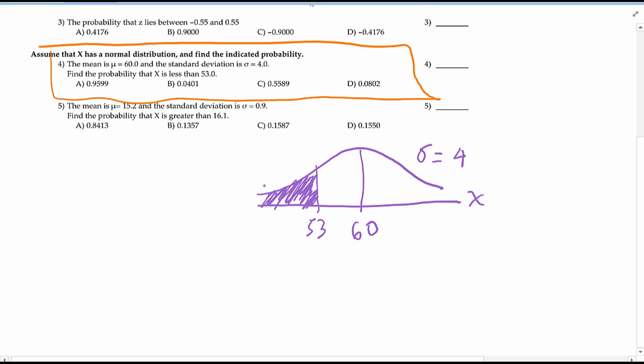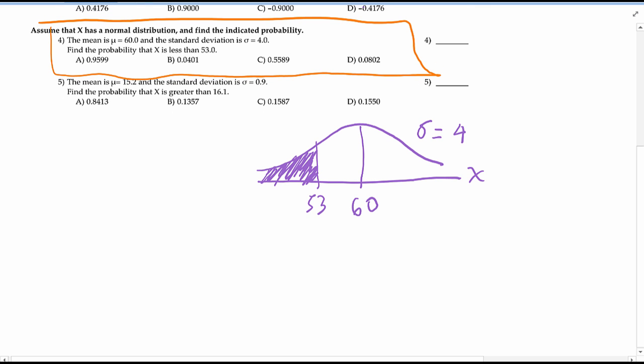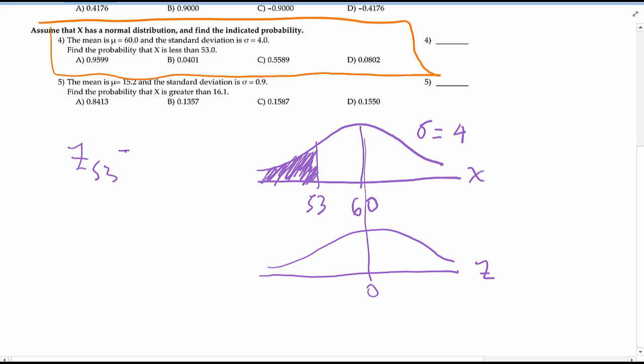Now how do we find that area? Well, we have to standardize the graph. We do that by finding the z-scores, converting this into a standard normal distribution by finding the z-score of every value. The z-score of the mean is always 0, and the z-score of 53 is going to be a negative number.